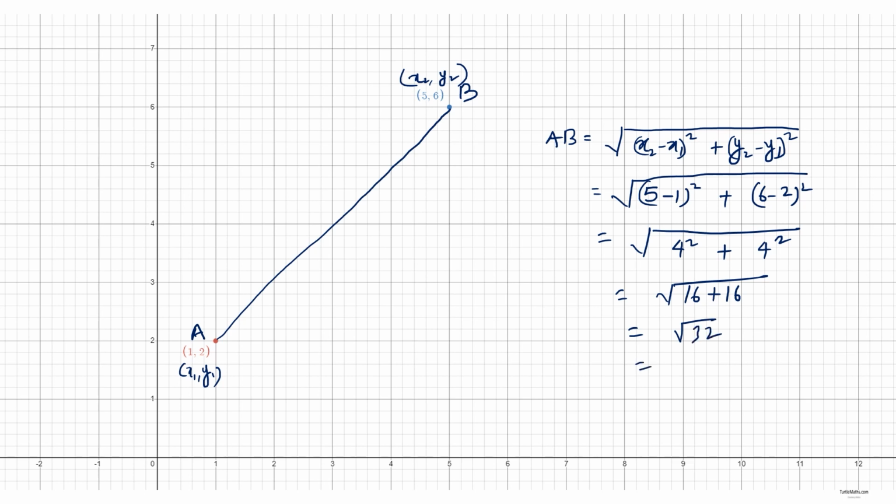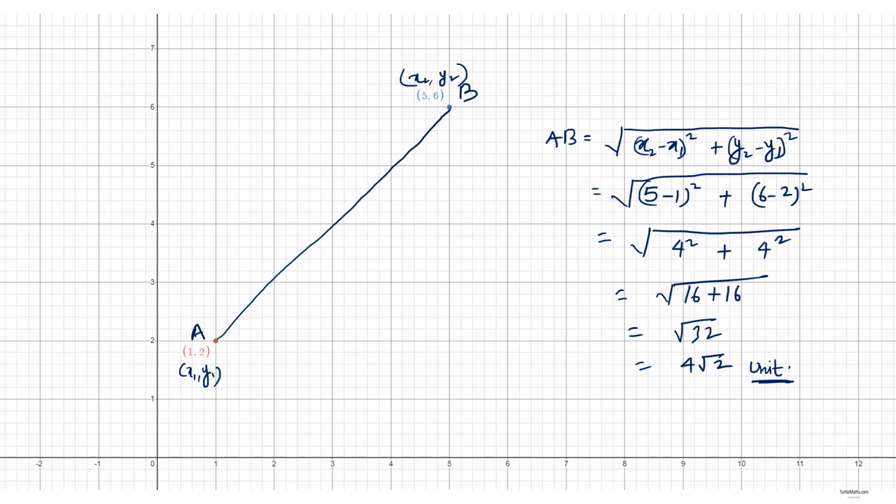Root 32 can be written as 4 root 2. So that's the distance between point A and B, in units. That's how you use it.